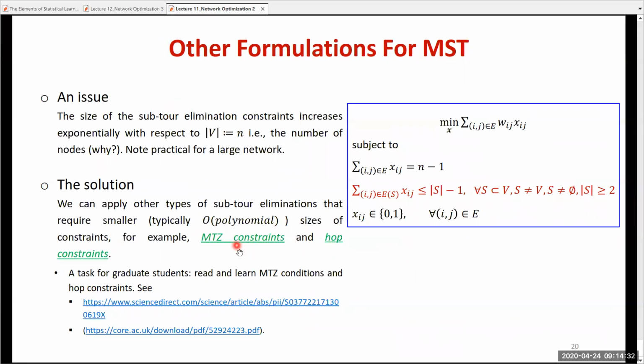Typically they are listed in the grad courses, and hence I didn't directly give you the solution. If you're interested, please read these 2 papers. Or an easy thing is you directly search them, and in Wikipedia you're gonna see a short version, and it's very simple. The MTZ constraints and the hop constraints are not required in this class, since it's an undergraduate class.